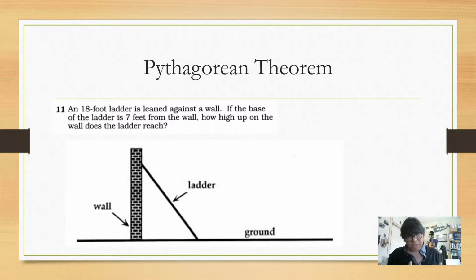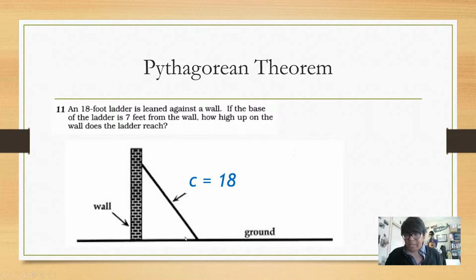And do you see the triangle? Right about here. Do you see that triangle? Okay, the right angle is right over here. Now this time there's no fancy diagram to show me where the right angle is. I just kind of have to know that the right angle is the angle that's made with the wall and the ground.